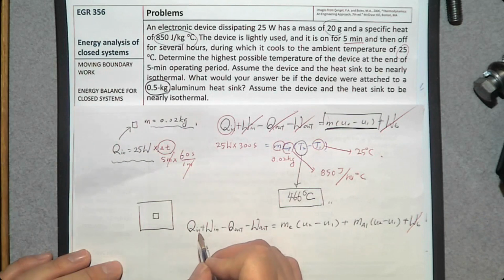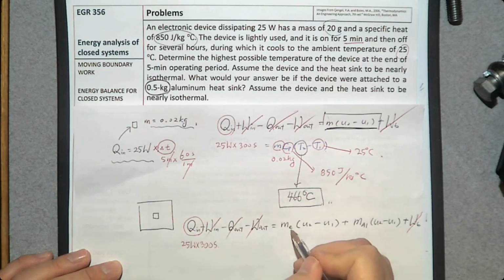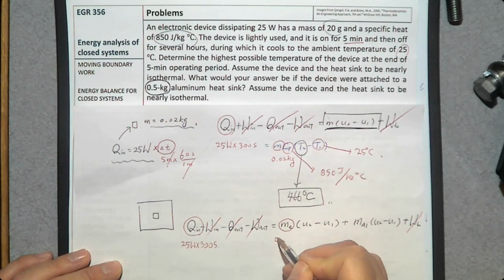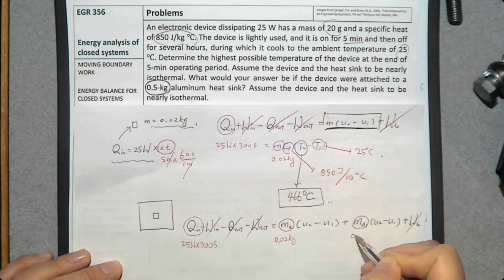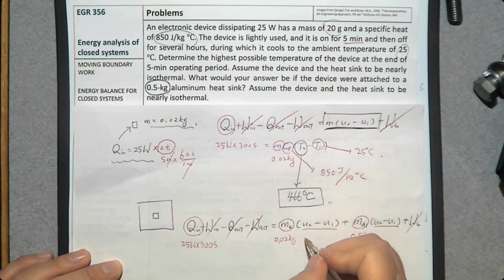The amount of heat transfer is 25 watt times 300 seconds. And what is the mass of the electronic device? 0.02 kilogram. What is the mass of aluminum block? 0.5 kilogram. How do you determine U2 minus U1? By using specific heat.